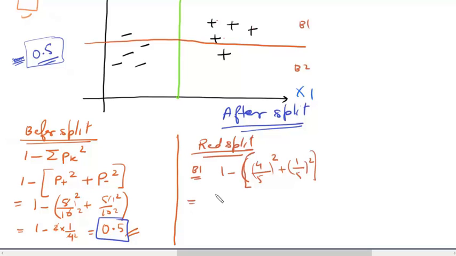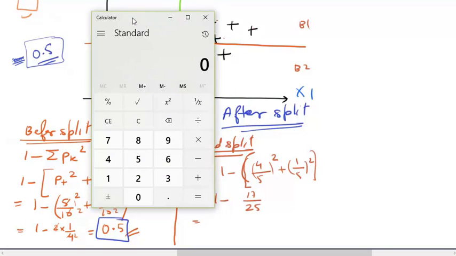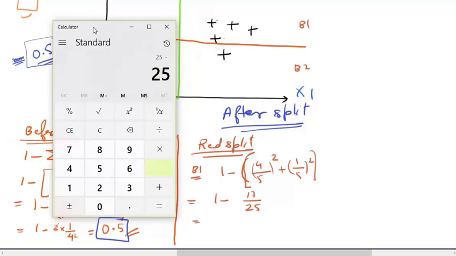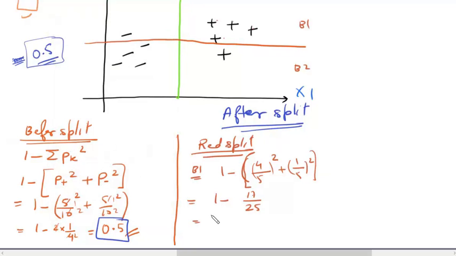Let me directly take it: 4 4s are 16 and 1 is 17. Let me calculate this quickly with a calculator. So 25 minus 17 by 25 gives me 0.32. So this is the value of the Gini index in bucket 1, 0.32.